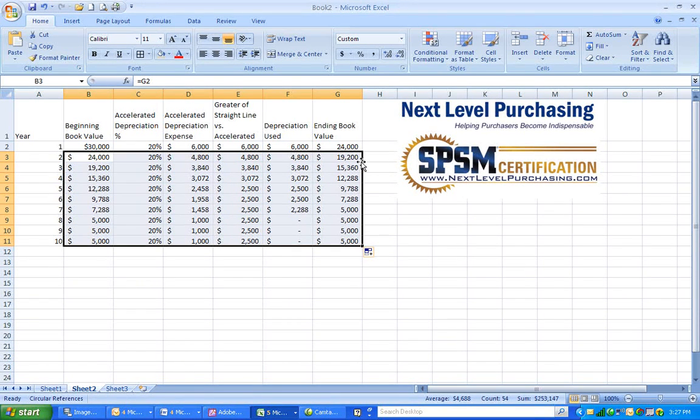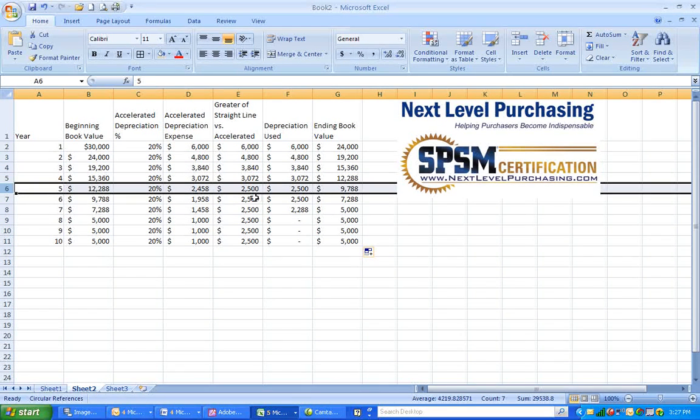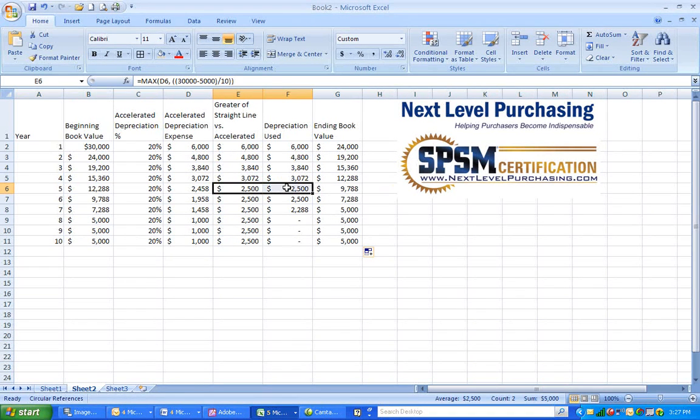A couple things that I would like to point out to you here. In the 5th year, we see that the accelerated depreciation expense is actually lower than the straight line would be, so we would use the straight line depreciation.